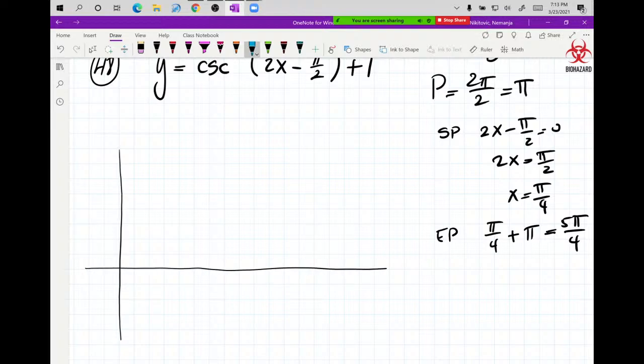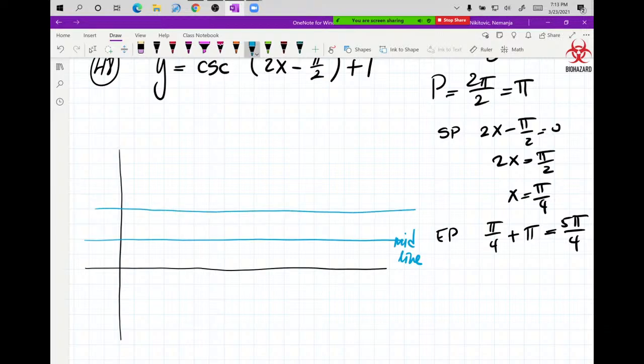Then I'm going to say I'm going 1 unit up, and then I have to go 1 more unit up for the max line, and the old x-axis becomes the minimum line.